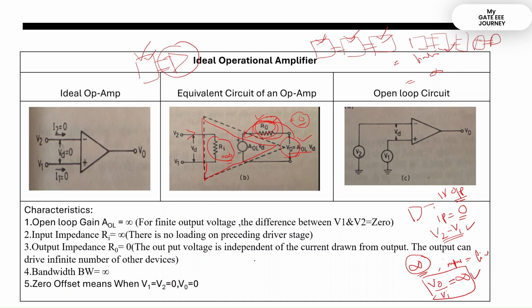That is the reason to one operational amplifier you can connect any number of devices. This output voltage will not change because of this output resistance.